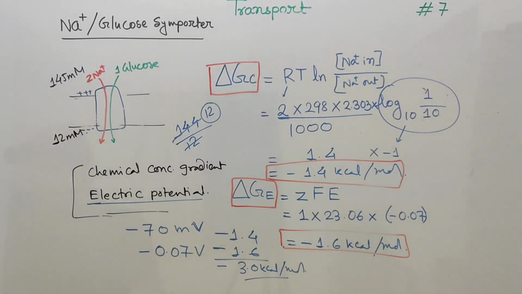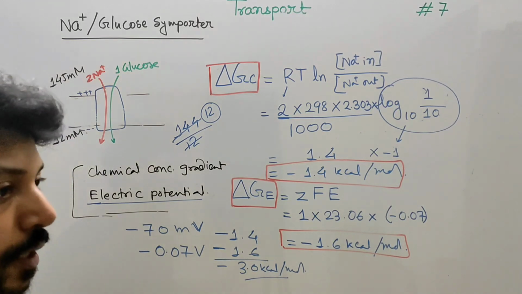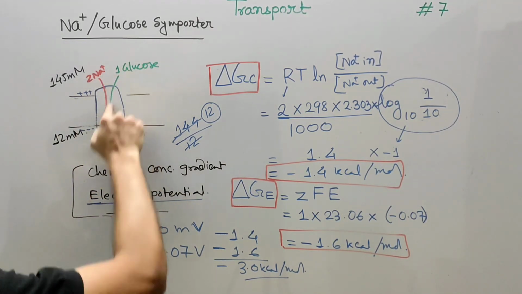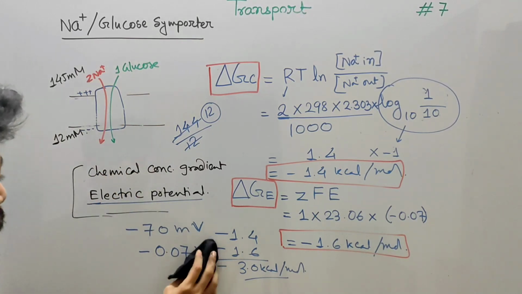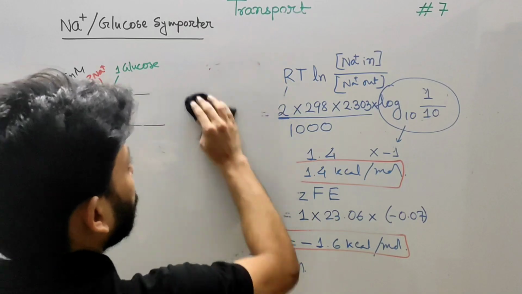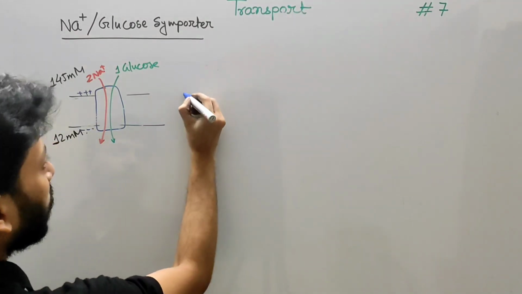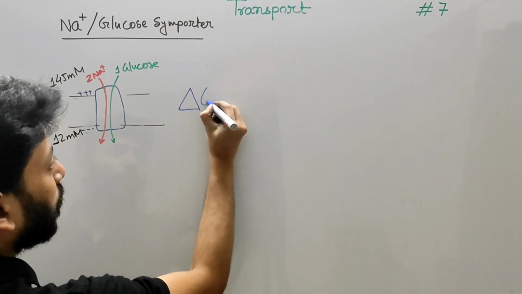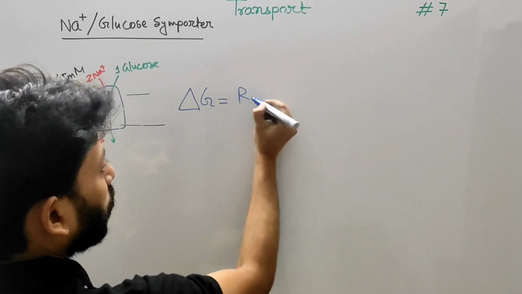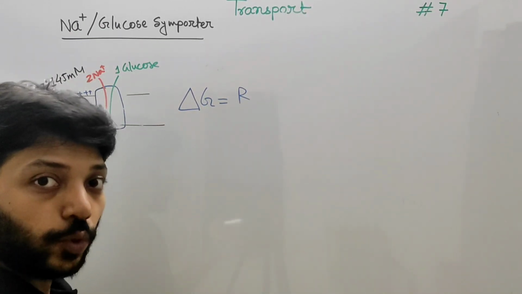Now let's see what will be the total free energy change when sodium and glucose both move. We will write delta G, that means the free energy change, and in this case both the glucose and sodium will be considered.